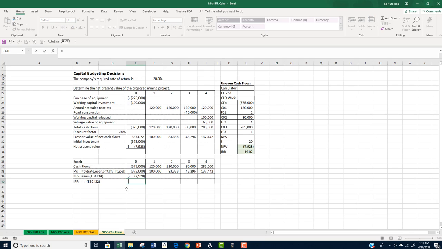Type equals IRR in a bracket, shade the actual cash flows, not the present value cash flows, but the actual cash flows, close with a bracket, and press enter. Your IRR will again be 19.02%. Just like you did before.